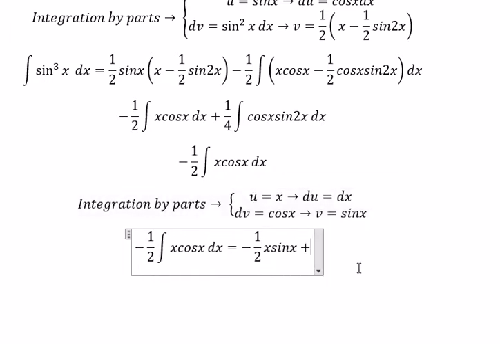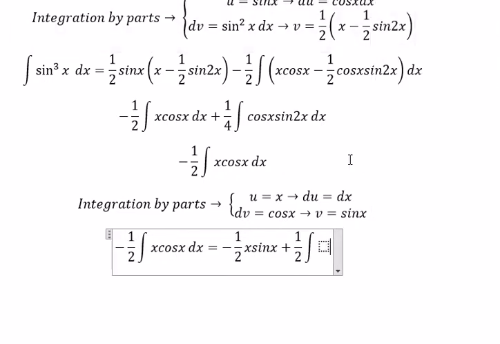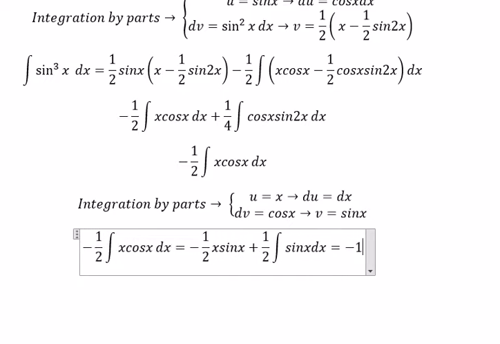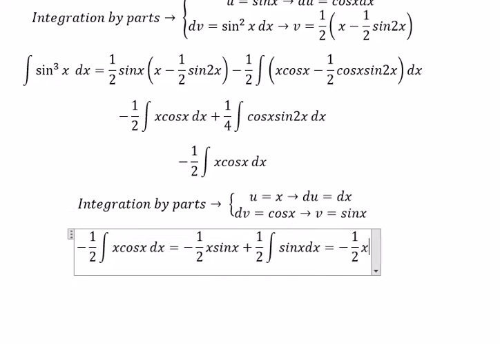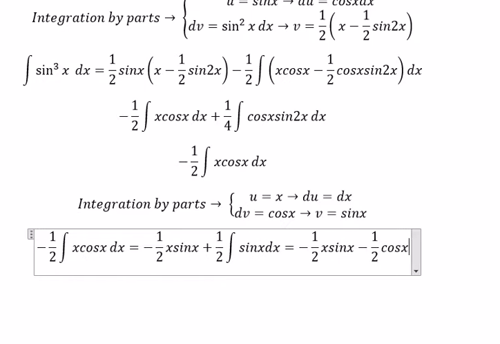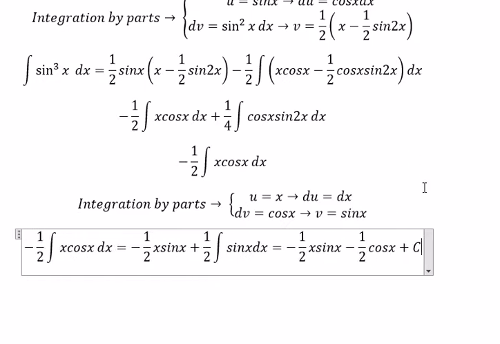And we have positive here, that's 1 over 2, the integral of sine s ds equal to negative 1 over 2 cosine s plus c.